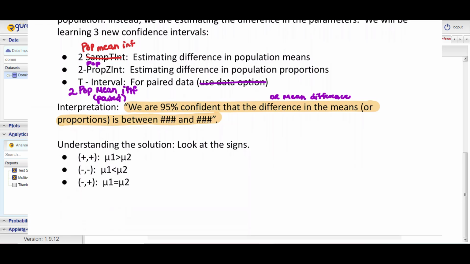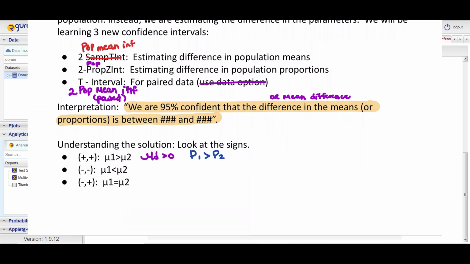And then this is just a summary of what I had told you before. If you don't really look at the numbers, you look at the signs. If both signs are positive, it implies that there's no difference, right? I'm sorry, I said that wrong. If it's both positive, it implies that mean 1 is greater than mean 2. So it means that the mean difference is greater than 0 if you were doing the paired data. If you were doing the proportion data, it would mean that P1 is greater than P2.